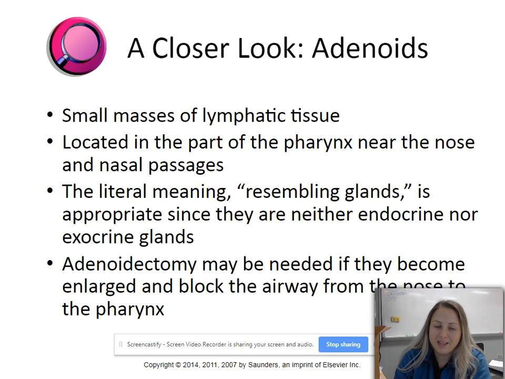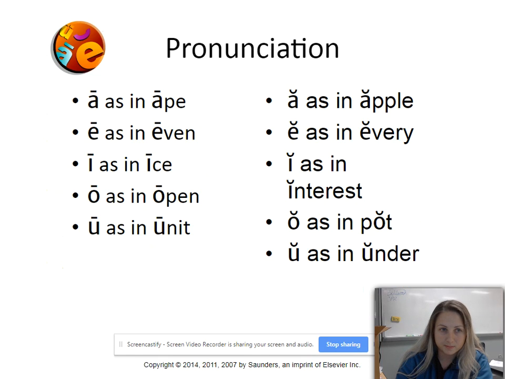You can have an adenoidectomy if they become enlarged or block the airway from the nose to the pharynx. The whole point of adenoids is to trap bacteria and viruses and break them down in the lymph of the gland. And if it becomes impaired in any way or becomes a hindrance instead of a help, they can be removed.